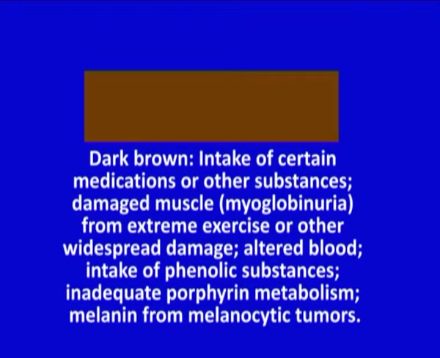Dark brown: intake of certain medications or other substances; damaged muscle, that is myoglobinuria, from extreme exercise or other widespread damage; altered blood, intake of phenolic substances, inadequate porphyrin metabolism, melanin from melanocytic tumors.